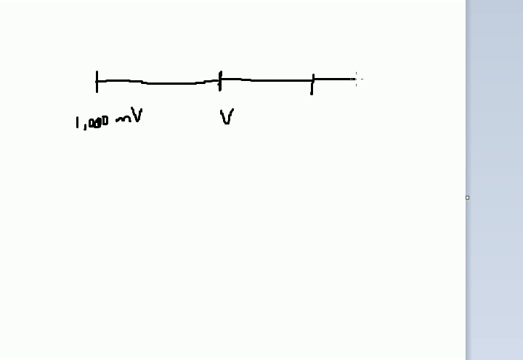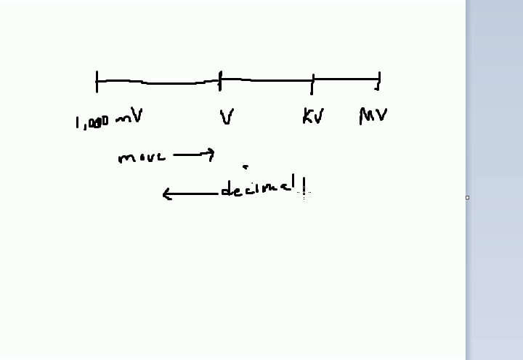Okay, what we're going to do is, if we move this way on the scale, in other words, millivolt, volt, kilovolt, megavolt, we're going to move the decimal point the opposite direction. So what's that mean? We got 1,000 millivolts and we want to go to volts. We're going to move the decimal point 3 spots that way, just like this right here.